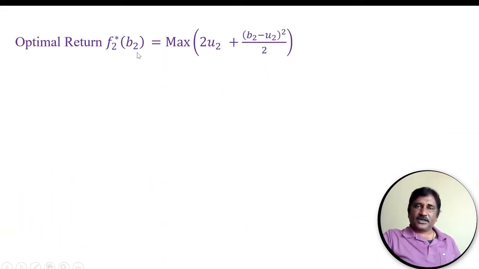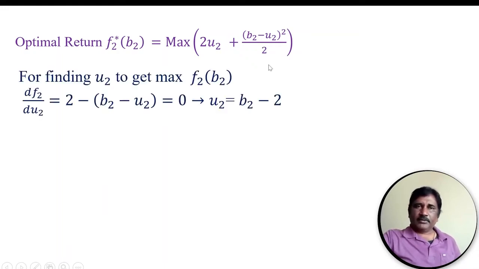Optimal return f2 star as a function of b2 will be the maximum of 2u2 plus (b2 minus u2) square by 2. Right? For finding u2 to get the maximum of f2, that is the return function as a function of b2, I will be differentiating f2 with respect to u2.